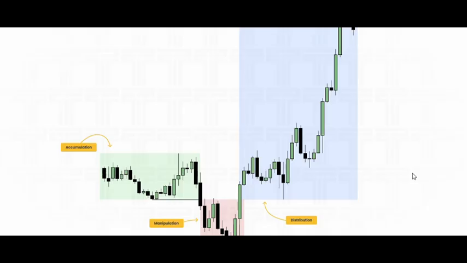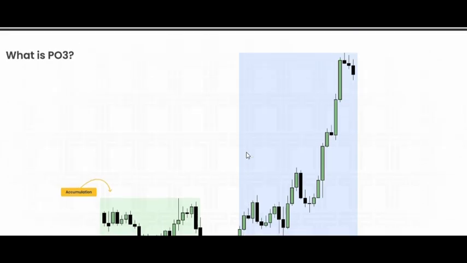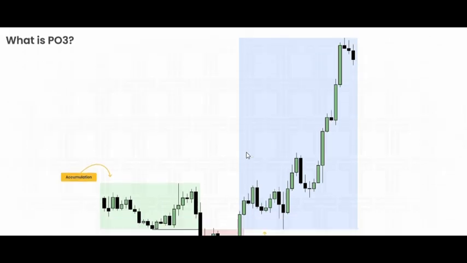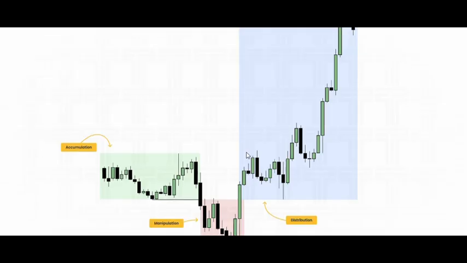So when price goes above a high, and then it quickly moves in the opposite direction, or goes below a low and then it quickly moves in the opposite direction, that is what we call a liquidity sweep or a manipulation in that sense. So we are going to talk about power of 3, and ICT power of 3 is AMD. That is accumulation, manipulation, and then distribution.